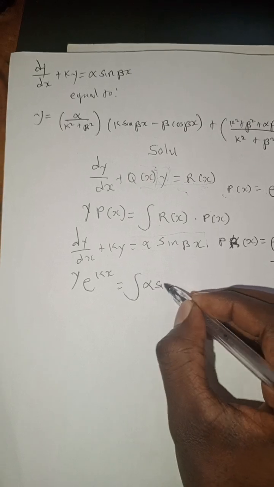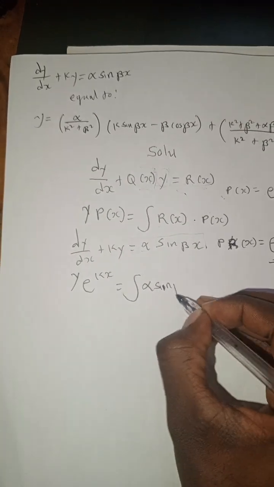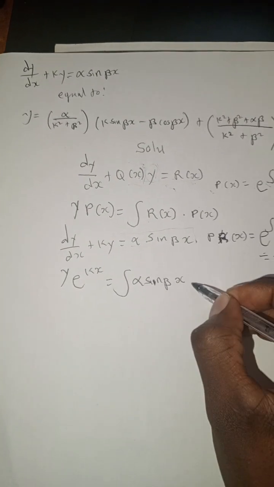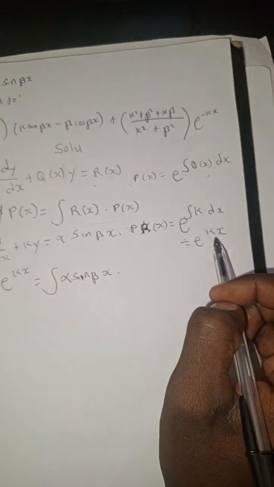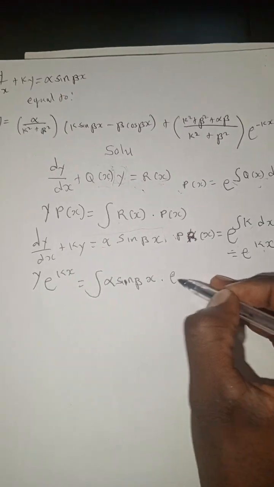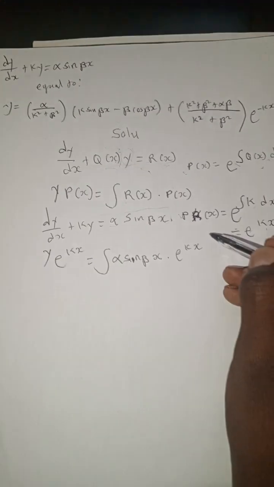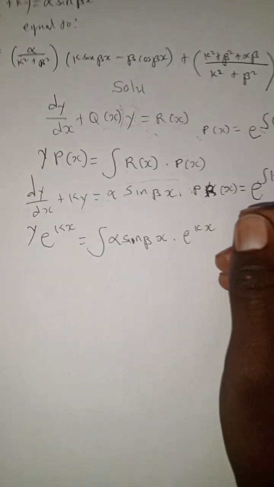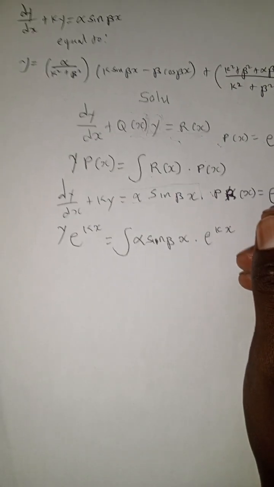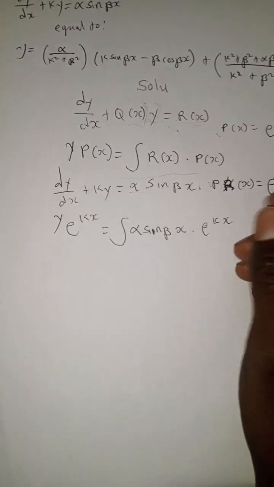So alpha sine beta x multiplied by the integrating factor, which is e^kx. Now, from here, we can start solving, since we have put it into a solution form.